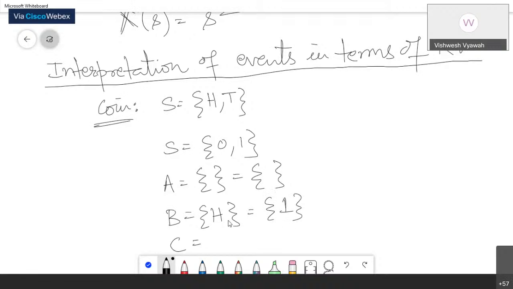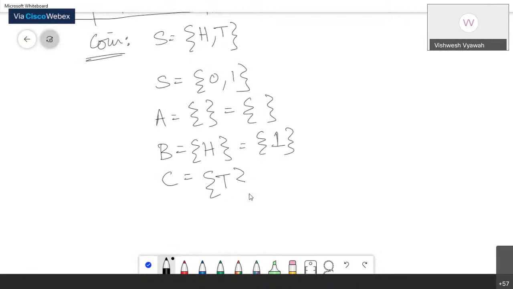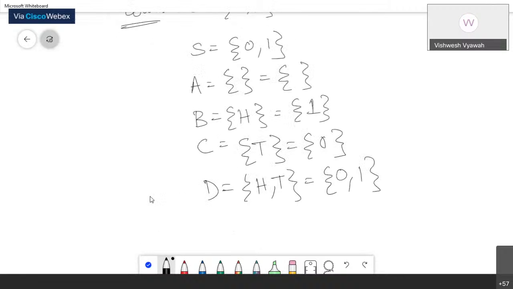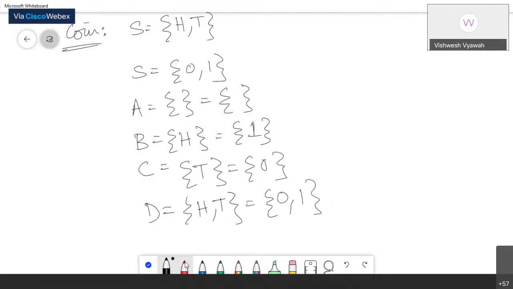C, which is T, which is nothing but 0 here. D, which is nothing but my S only, so H comma T, so in this case it will be 0 comma 1. So you have defined events. Now note on this side: these are the events that are defined when you have already defined a random variable. Very important. I hope things are clear.